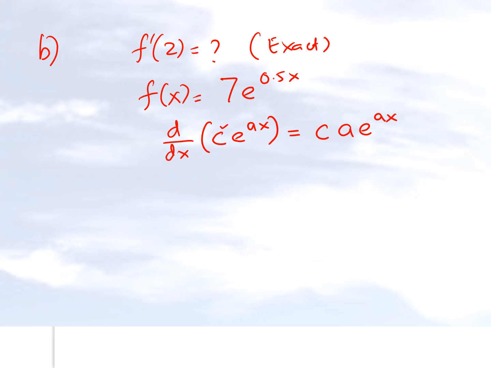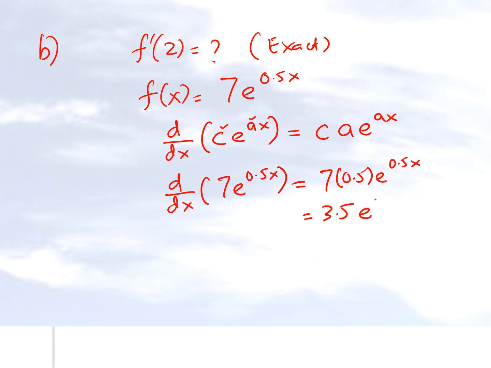So both c and a are constants. We apply the same thing here. We have d by dx of 7 e to the power 0.5x. That gives us 7 times 0.5 e to the power 0.5x, which is 3.5 e to the power 0.5x, the exact value of the derivative of the function. So f prime of x is 3.5 e to the power 0.5x.